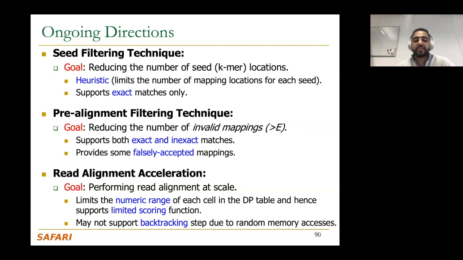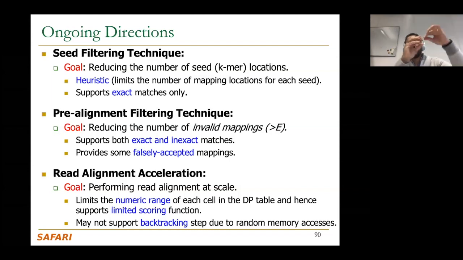And the last step, more details on it. You could use heuristics such as limiting the numeric range of each cell. Think about a million-character sequence. Then you will have a million by million dynamic programming table, or less than that, of course, if you use a banded version of it.